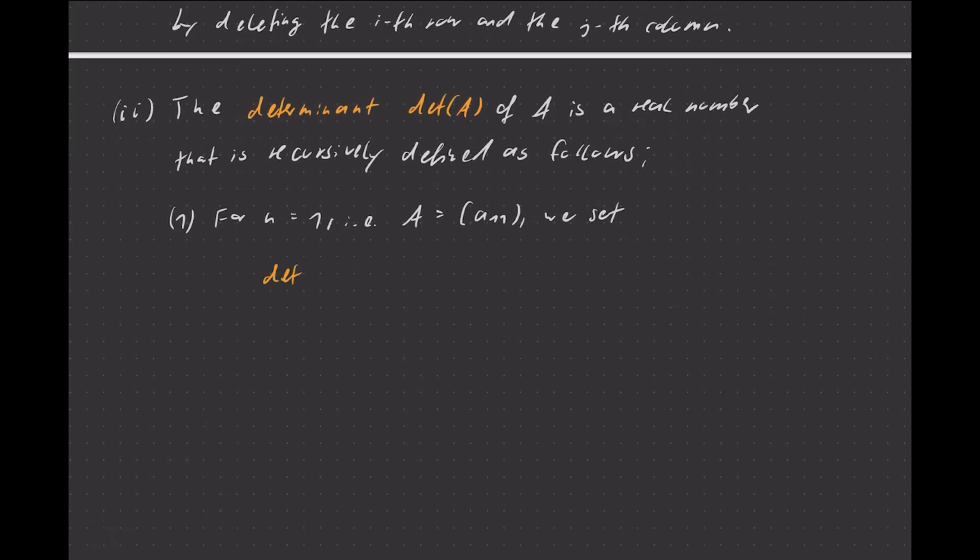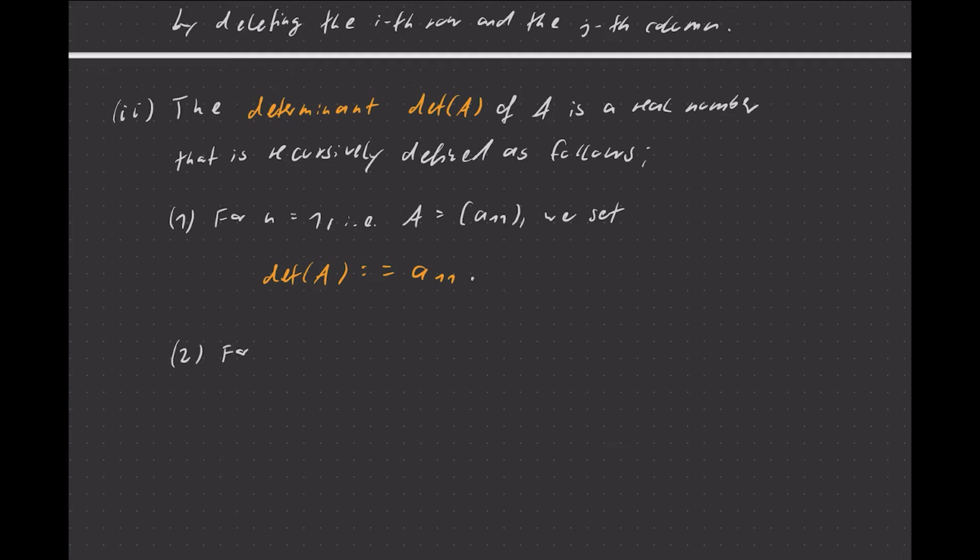So in that case, the determinant of A is defined as A11. That's the base case. And for larger matrices, we define the determinant by means of those cofactors. So we reduce the relevant size, and we can repeat this step again and again until we end up at matrices of size 1 by 1.